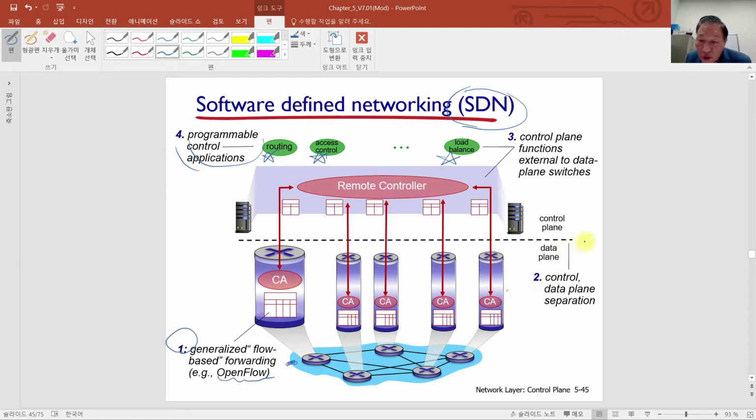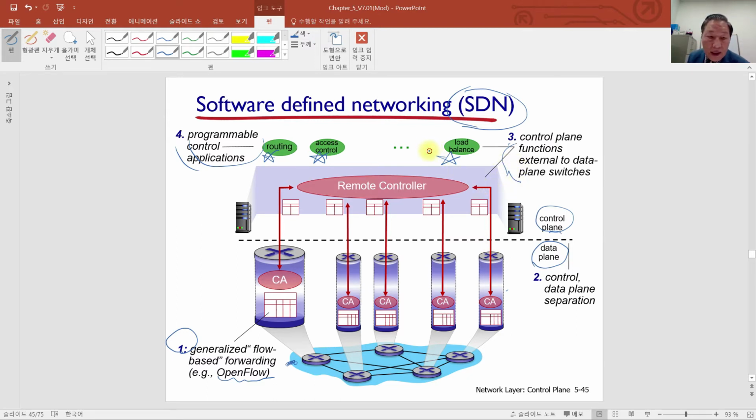Number two here is control-data plane separation. Conceptually, we already divided them: the upper one is the control plane and the lower one is the data plane, as we learned already. The control plane functions are external to the data plane switches, independent and isolated, and logically centralized, as we learned.